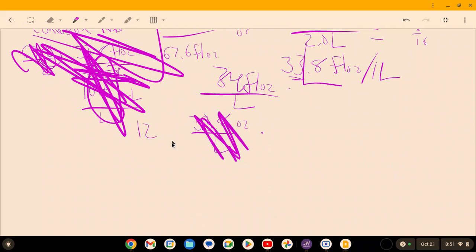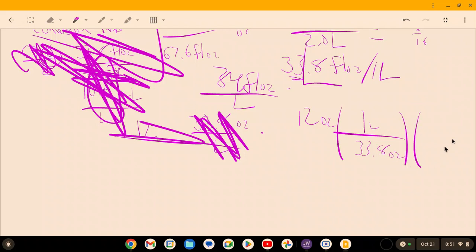Okay, here we go. 12 ounces, 33.8 ounces per 1 liter. 1 liter, 1,000 milliliters. And there you go. There's your answer.